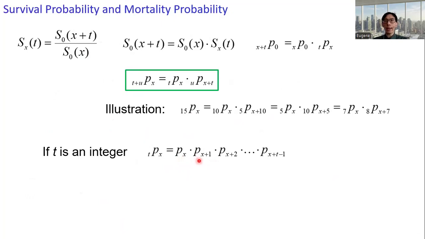So this is p x+1, reaching age x plus 2. The probability of surviving 1 more year is p x+2. So t p x equals p x times p x+1 times p x+2 up to p x+t−1.